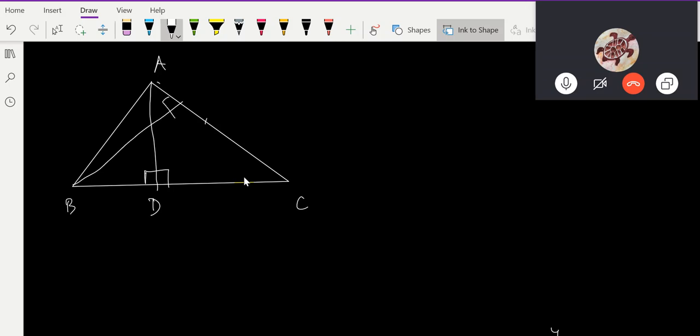This is my second perpendicular, and this would be my third one, right? And this point is called the orthocenter.